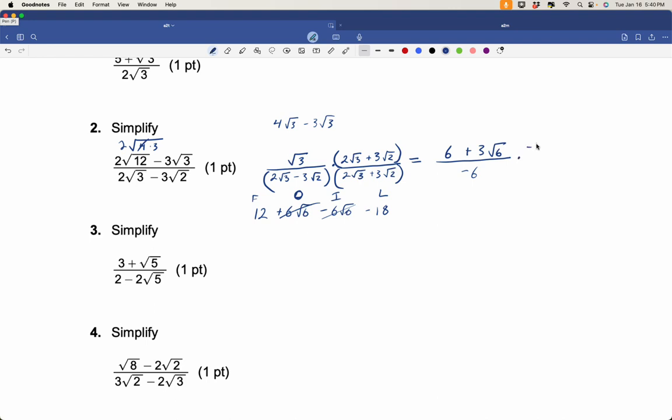So times negative 1 over negative 1 is going to be negative 6 minus 3 times the square root of 6 over positive 6. Now, this can all be reduced. We can divide everything by 3 and get negative 2 minus the square root of 6 over 2. And that would be the answer.